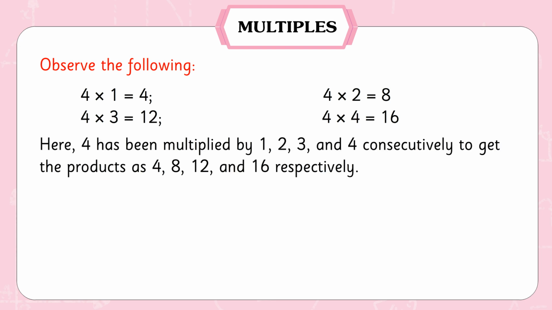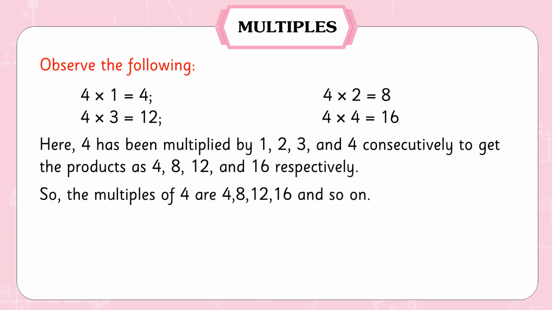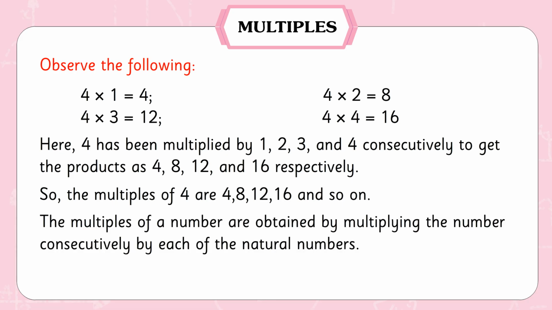Here, 4 has been multiplied by 1, 2, 3 and 4 consecutively to get the products 4, 8, 12 and 16 respectively. So, the multiples of 4 are 4, 8, 12, 16 and so on. The multiples of a number are obtained by multiplying the number consecutively by each of the natural numbers.